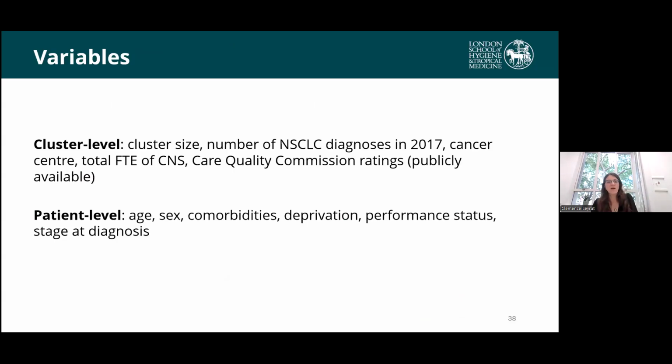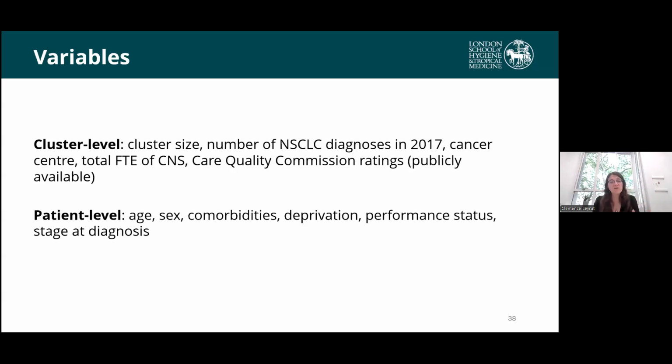So we had some variables at cluster level, like the cluster size, the number of patients diagnosed in the trust, whether or not the trusts were cancer centers, the total full-time equivalent of cancer nurse specialists, and some information we got from the internet, the Care Quality Commission rating. So it's ratings about the performance of the trust.